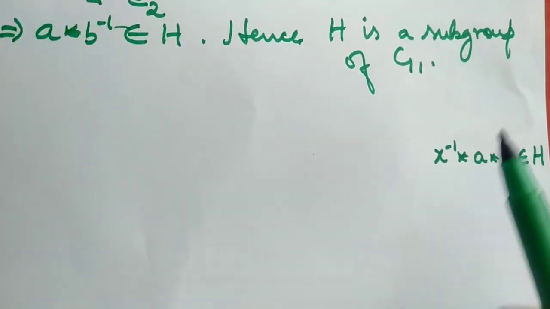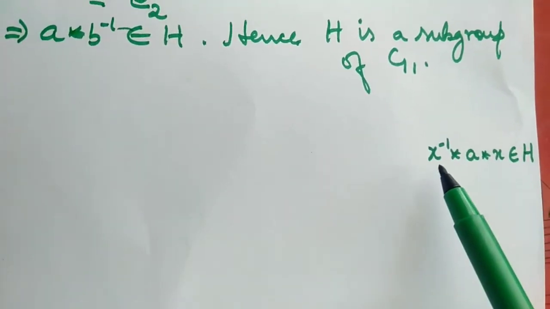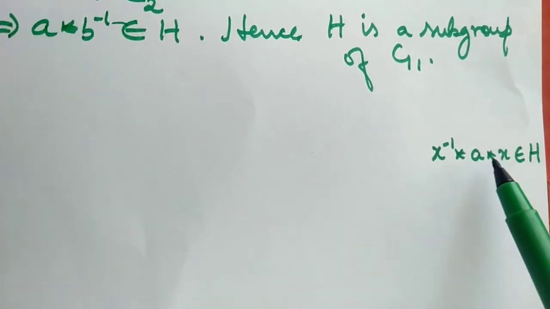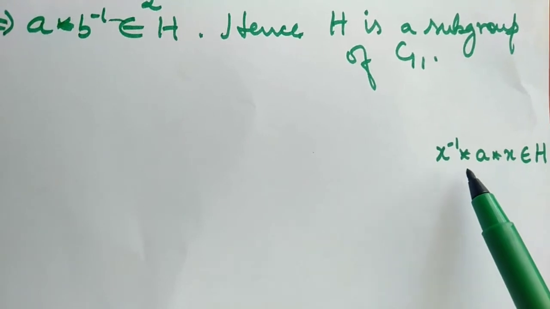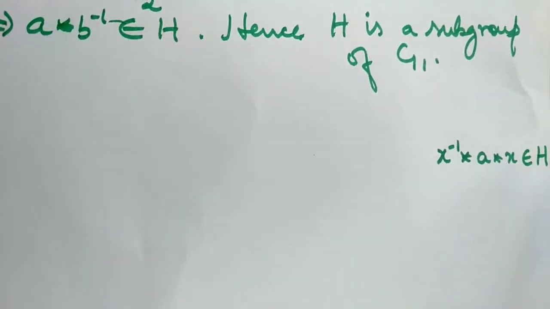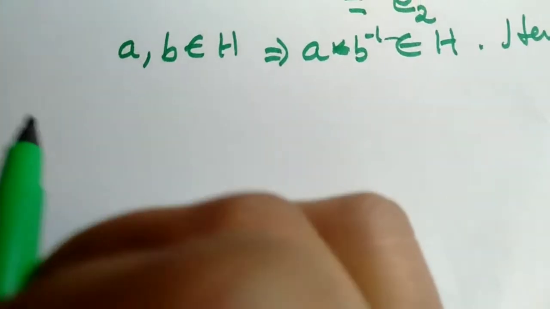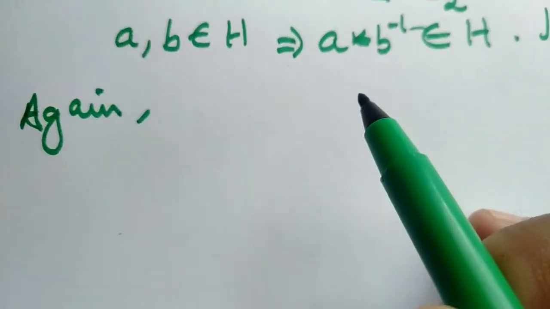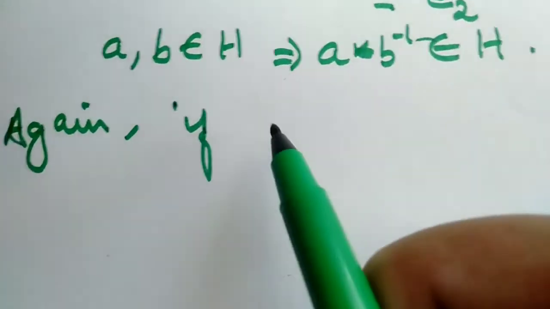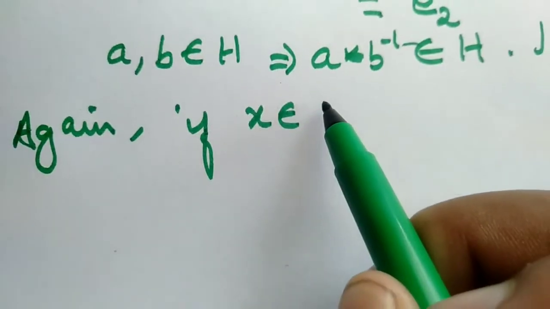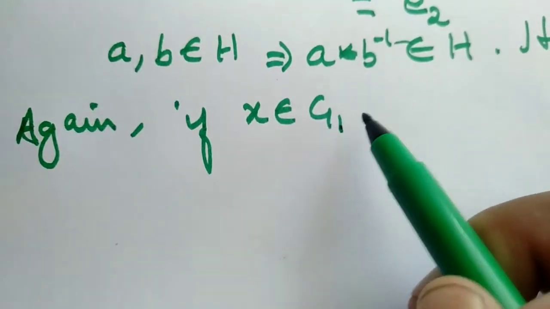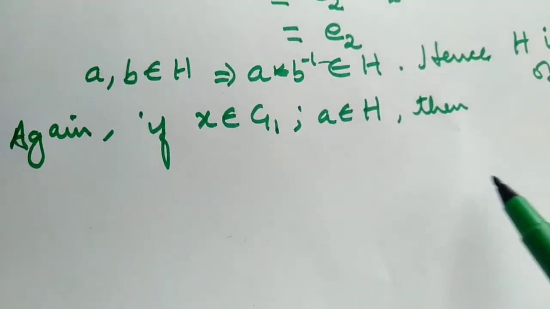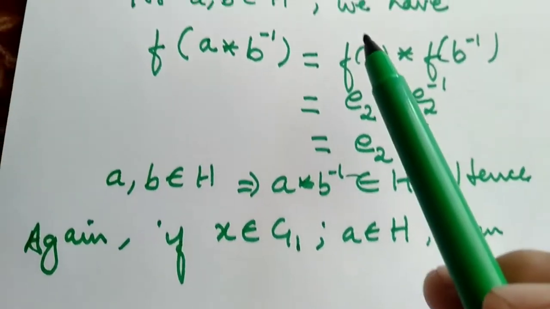To show that H is a normal subgroup of G1, we have to show that X inverse star A star X belongs to H, where X and X inverse belong to G1 and A belongs to H. Again, if X belongs to G1 and A belongs to H, then we go according to this.